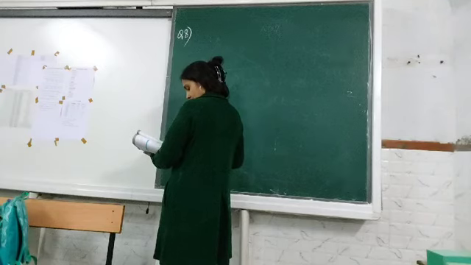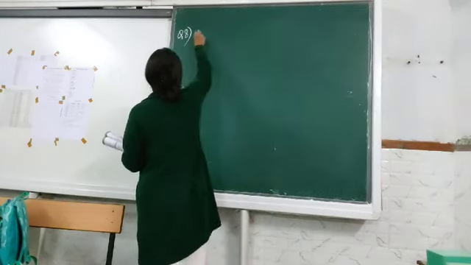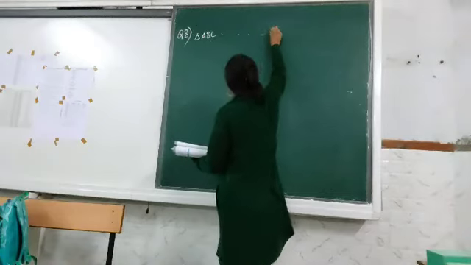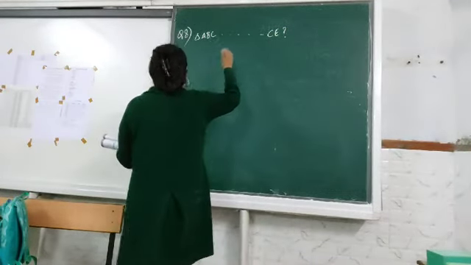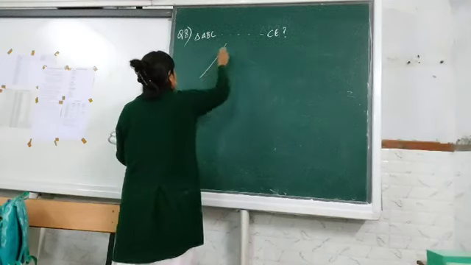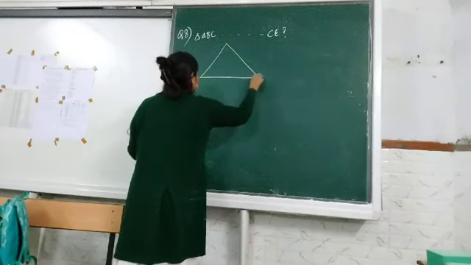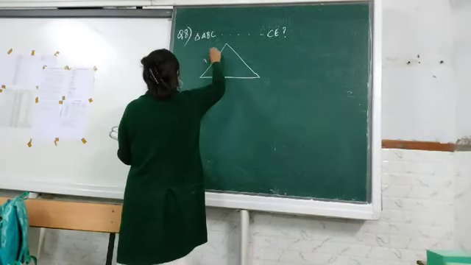Triangle ABC is isosceles with AB is equal to AC is equal to 7.5 centimeters. Diagram is there. Let me make the diagram. So this is 7.5.